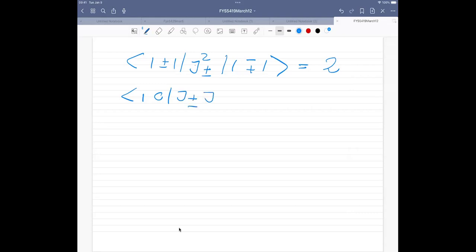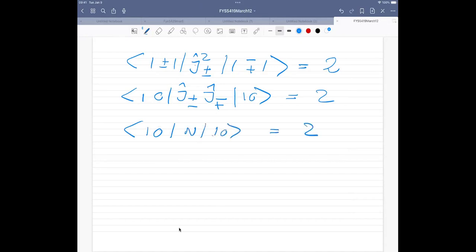This is the operator which can connect me to that. So these are operators. We're going to put hats on top of them. And in that case, I would have a 1, 0, for instance, because that brings me back. And if I do the math here, I should get 2. If I take this number operator, that when it acts with 1 and 0, it gives me 2 again.